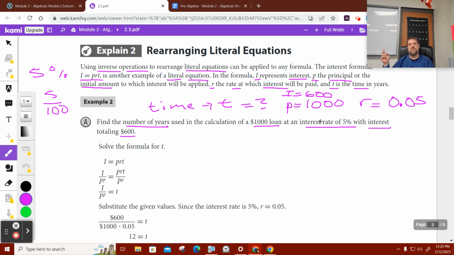How many years will it take me if the total interest was $600? I want you to think about that a little bit. If I borrow $1,000 and I pay back the $1,000 plus the $600 interest, I end up paying $1,600.